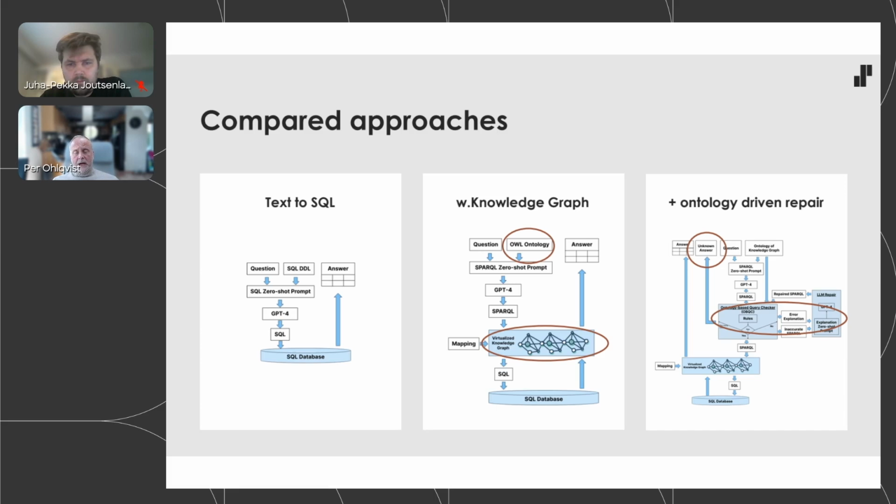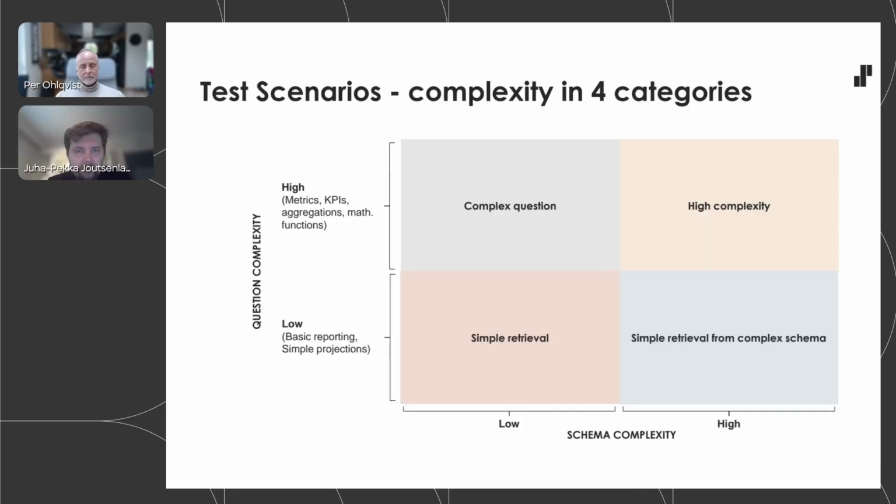In practice, it evaluated the query against ontology rules and repaired them when possible. It's worth noting that when it was not possible to repair, it actually reports an unknown answer, as opposed to the hallucinations we see most often in the LLM world.